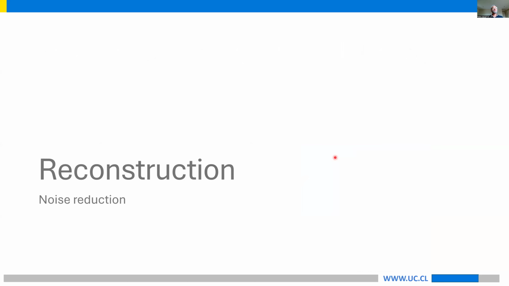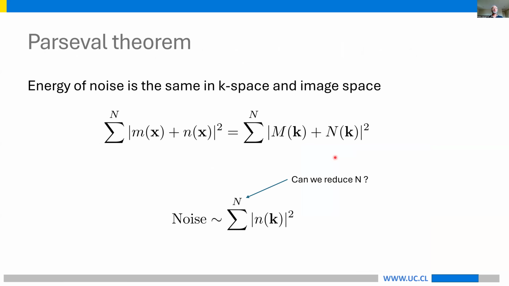Let me switch to the reconstruction side, which is typically left outside, but reconstruction could be a great way to reduce the noise. Let me give you a little background on how I'm thinking about this.